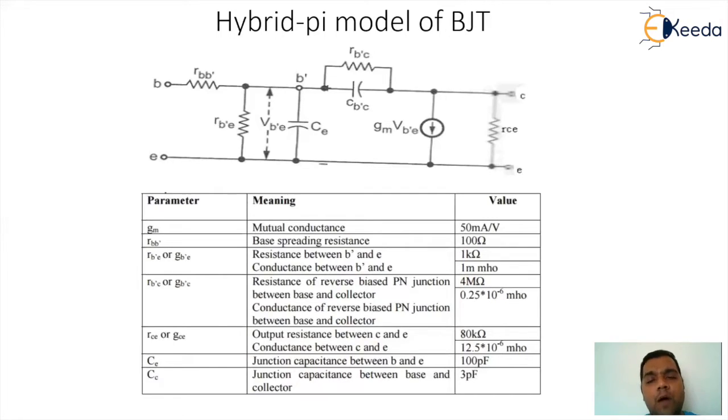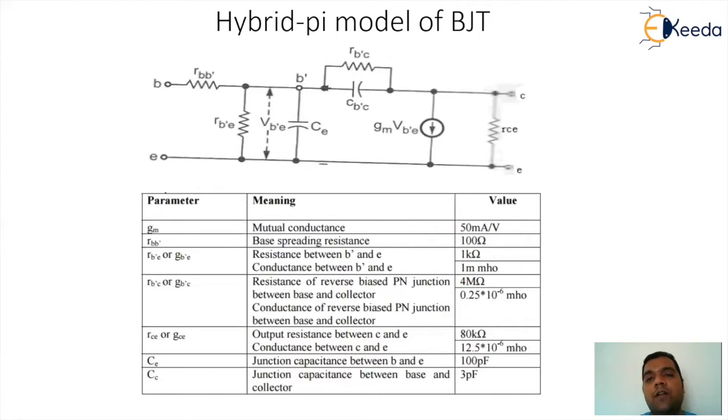It's very simple to understand that whenever we have an impact on VBE, we have an impact on IB, and IB has a direct impact on IC. So we can say that IC is a function of VBE. That's the reason we came to a logic where the collector current is going to be a function of the VBE voltage, and from that we got to the concept of gm VBE.